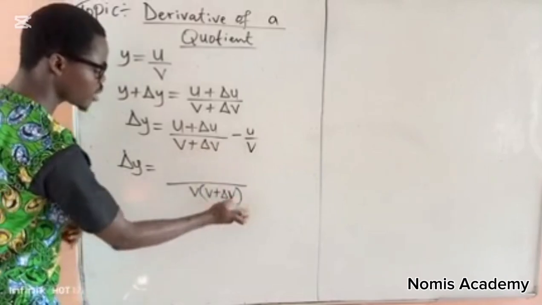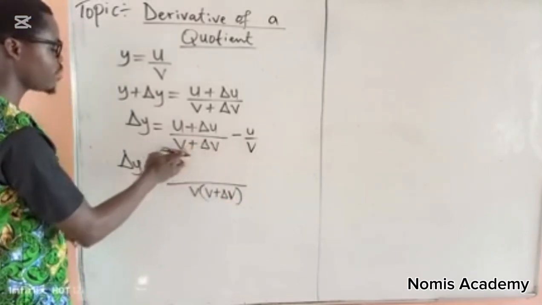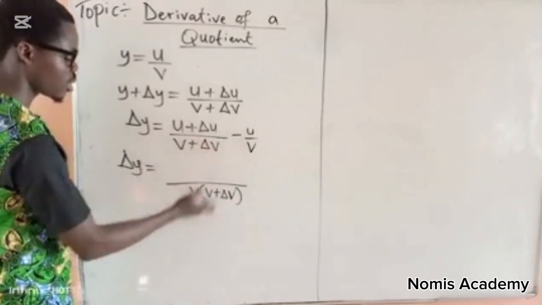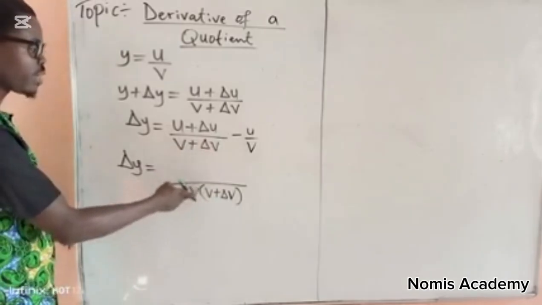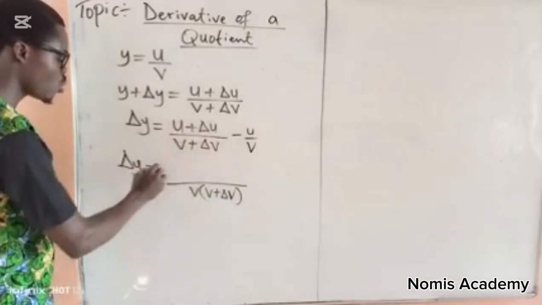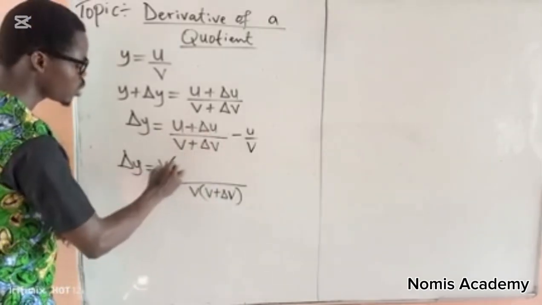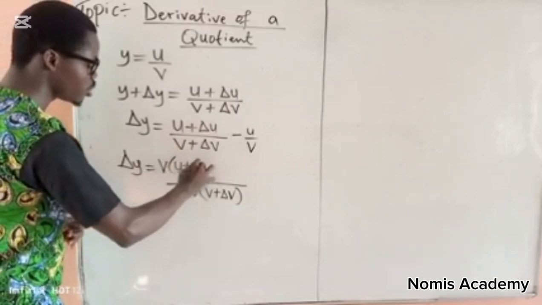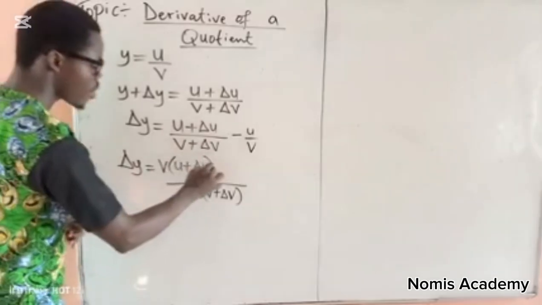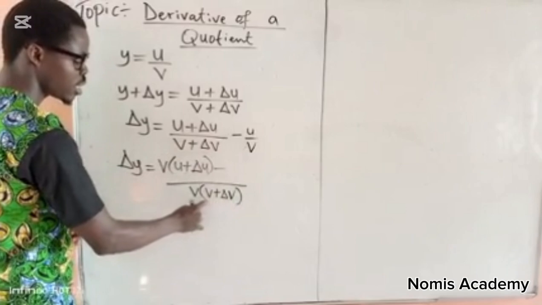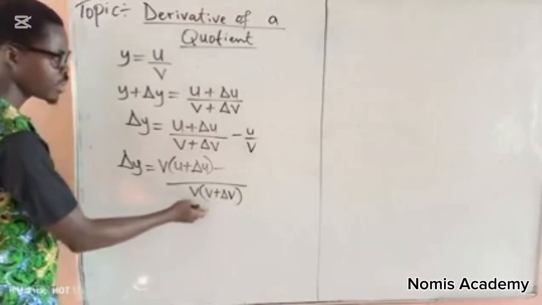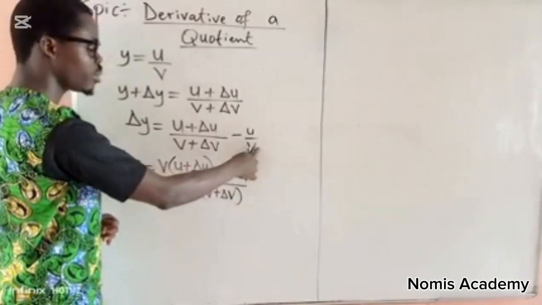The LCM divided by v plus delta v will give us v, and then v will multiply the numerator, which is v into u plus delta u, close the bracket, minus v, or the LCM, divided by the denominator.